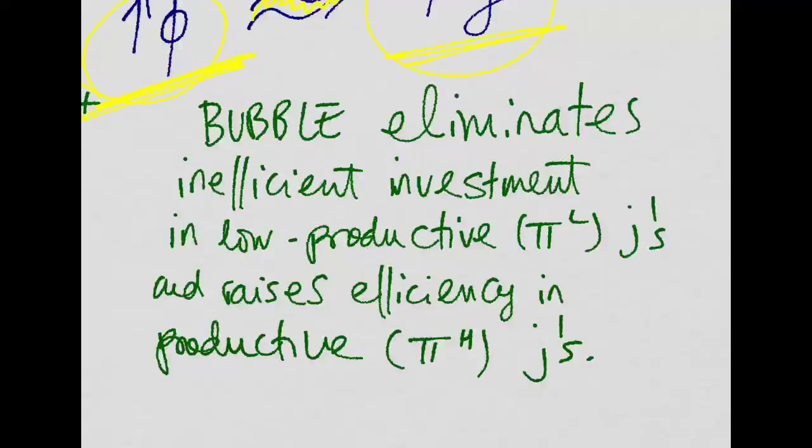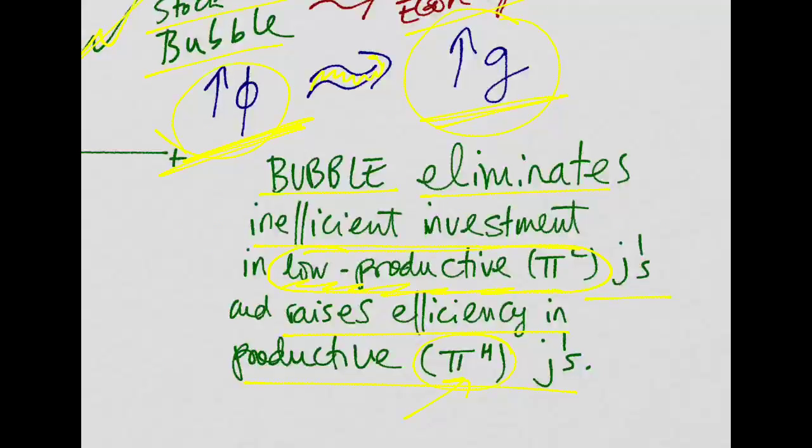And the reason that Ventura gives for this to happen is that these bubbles are eliminating inefficient investment in the world. That means that low productivity countries are buying bubbles instead of producing. So this ends up raising the productivity of the capital that is actually produced only by the high productivity country. And this is why this is a more efficient situation, and the growth rate of the economy goes up.